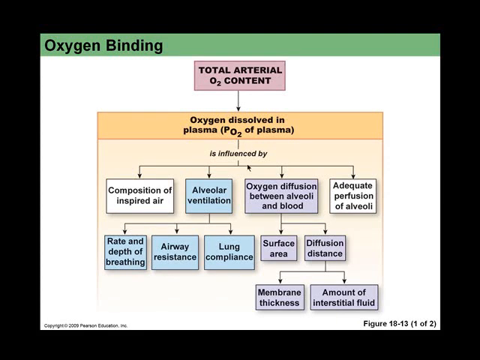The oxygen dissolved in the plasma is also influenced by the oxygen diffusion between the alveoli and the blood, which depends on surface area, the diffusion distance, which is related to the membrane thickness, and the amount of the interstitial fluid. We saw two extremes that increased either of these and had an effect. And then adequate perfusion of the alveoli.